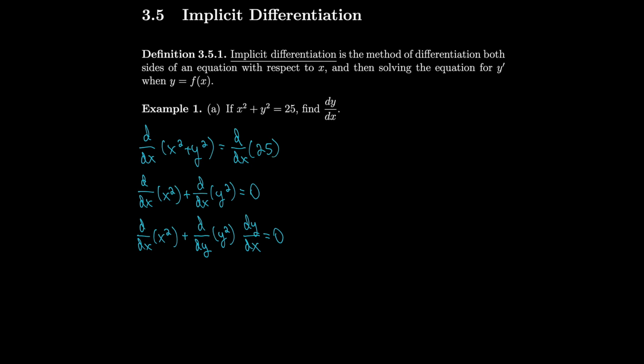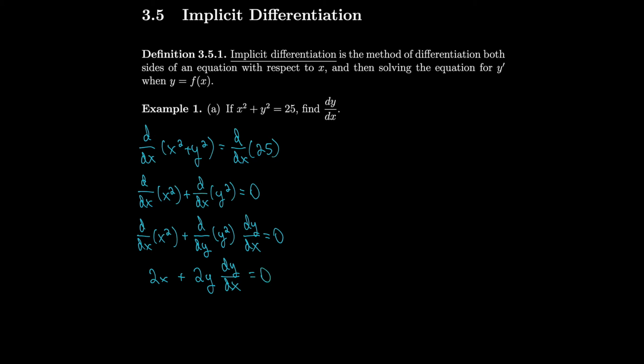So the derivative of x squared is just 2x. The derivative of y squared with respect to y, we're treating it as if it was just an x, is just 2y. And then we keep our dy dx from the chain rule.